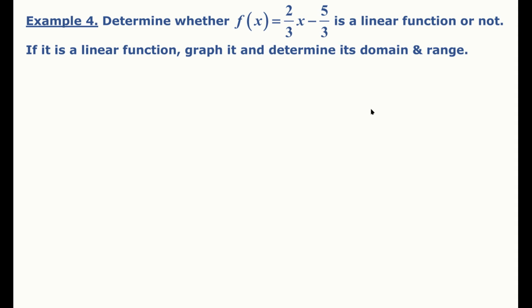So again, what we're going to do is replace f of x with y. At this point, we're going to come up with 2 points that help us graph it.